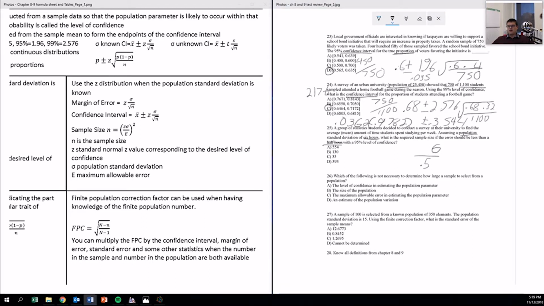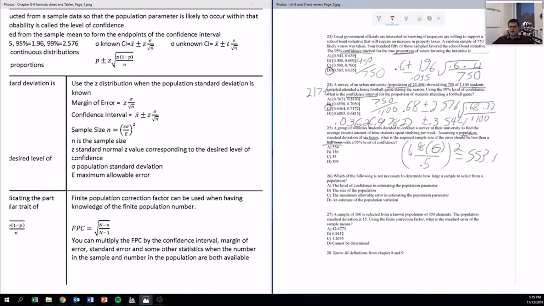Okay, and then you take all of this and you square it. And so 1.96 multiplied by 6 divided by 0.5, squared, equals 553.19. And with sample sizes, you always round up, so the correct answer is A. So you want 554 people. Okay.